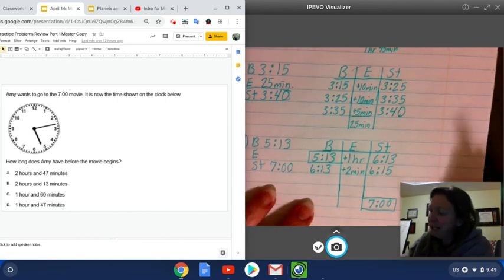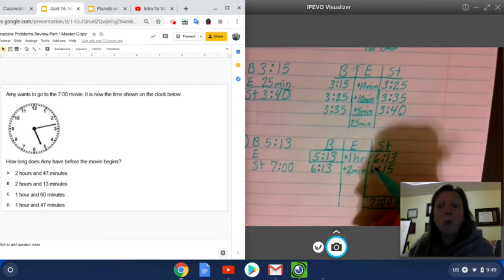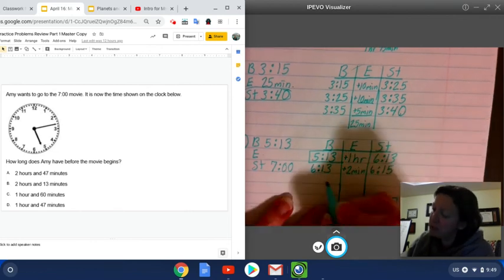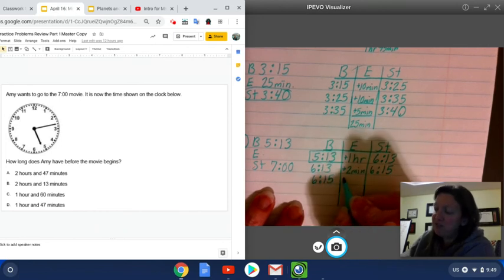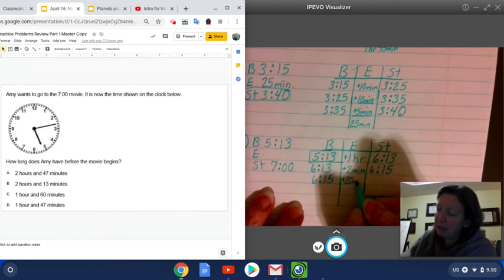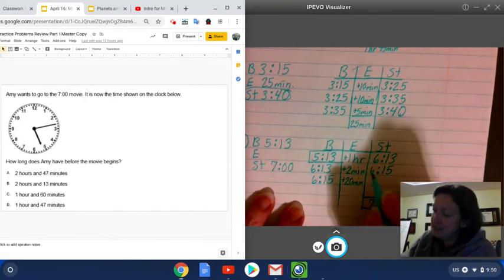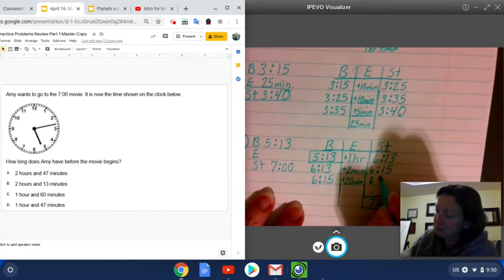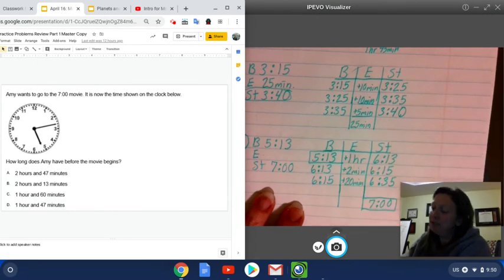So let's go ahead and add 20 minutes. Could we add 20 minutes? Let's look and see. Well, if it's 6:15 and we add 20 minutes, 20 plus 15 is, great job, 6:35.